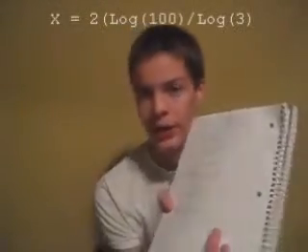And then to solve for x, you would divide log base something of 100 by log base something of 3 equals x over 2, and then you multiply the other side by 2. So your final equation would be x equals 2 times log something of 100 over log something of 3.